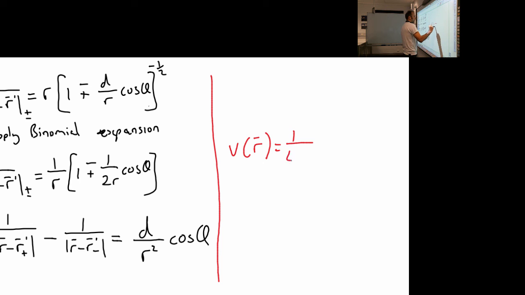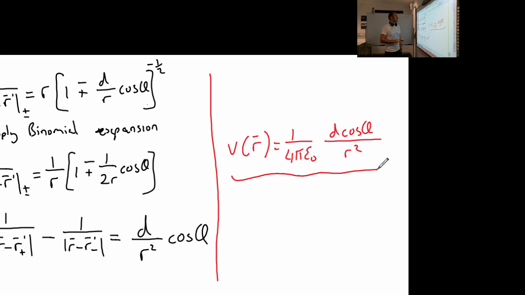So the potential of our dipole system is equal to 1 over 4 pi epsilon naught times d cos theta divided by r squared. What we see here is that the potential of a dipole falls off as 1 over r squared.